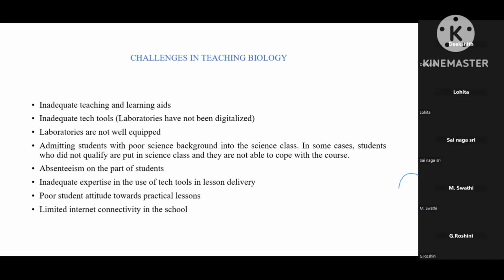Another thing has to do with inadequate teaching and learning aids. I try as much as possible to improvise a lot of teaching aids to enable my students to understand biological concepts. But there are some models we also need to have in the biology lab.